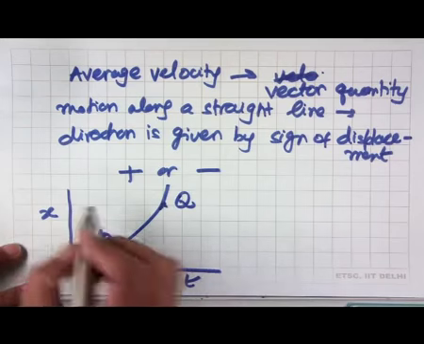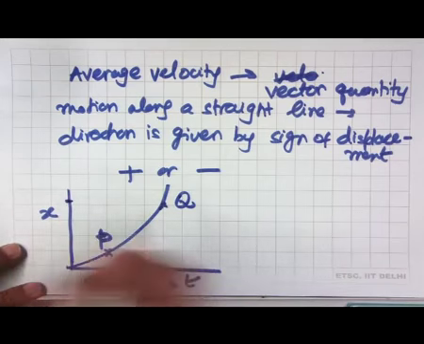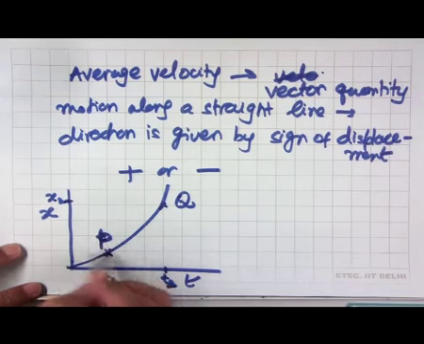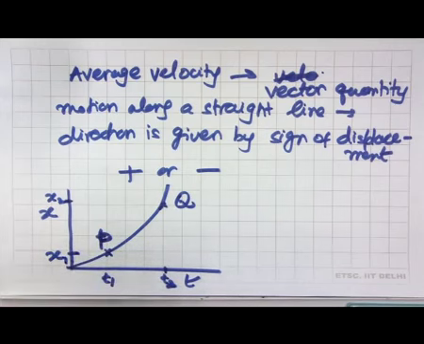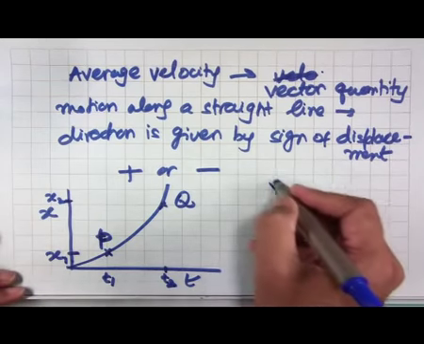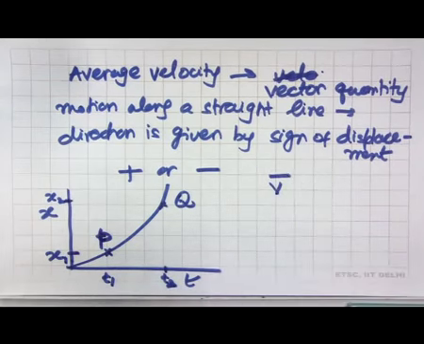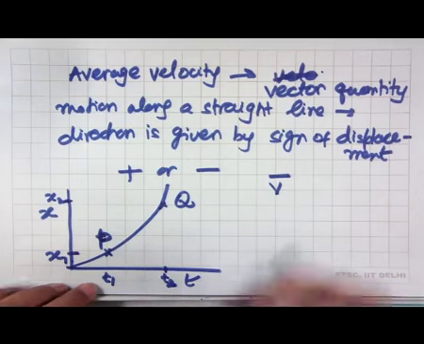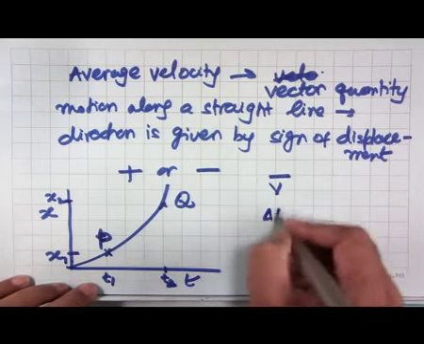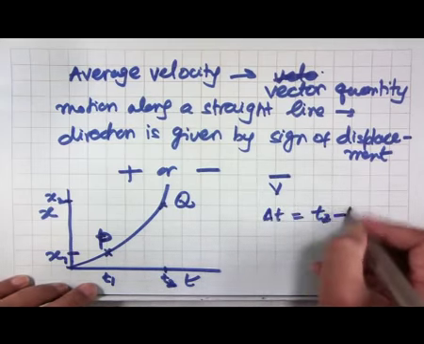Now the displacement at Q, let this be x2, and the displacement at P, let this be x1. So we look at the average velocity during this interval from t1 to t2. Let delta t be equal to t2 minus t1.